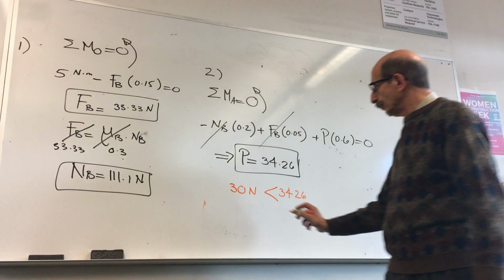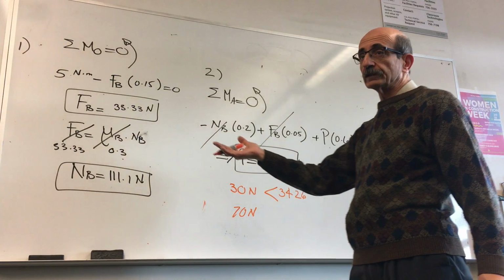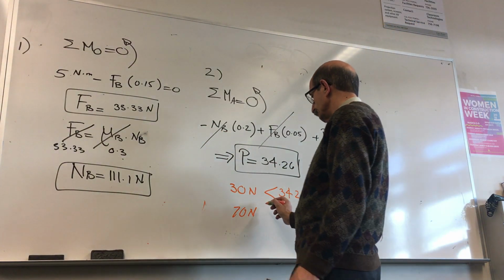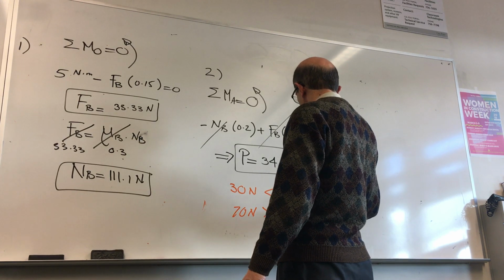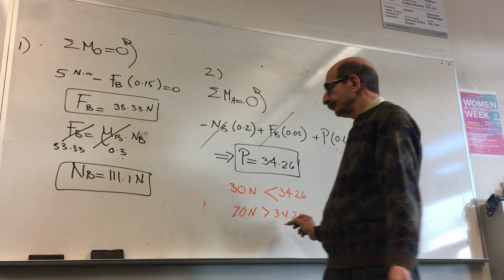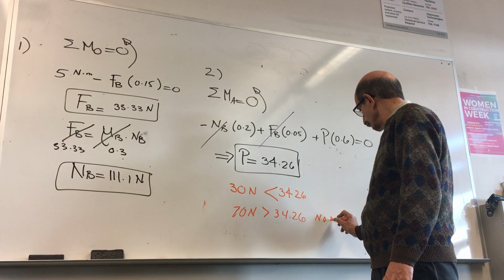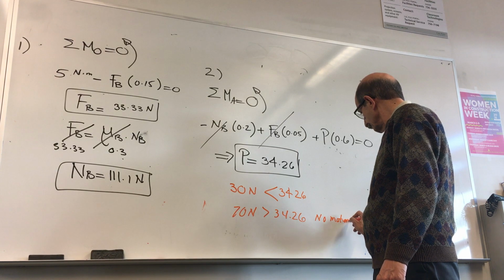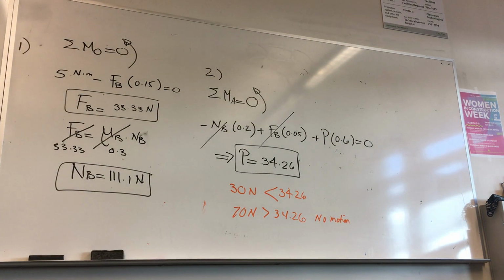But for the 70 Newton, which is much larger than 34.26, this is going to cause no motion, right? In other words, that's the unknown the problem is asking you to find. So that's easy, right?